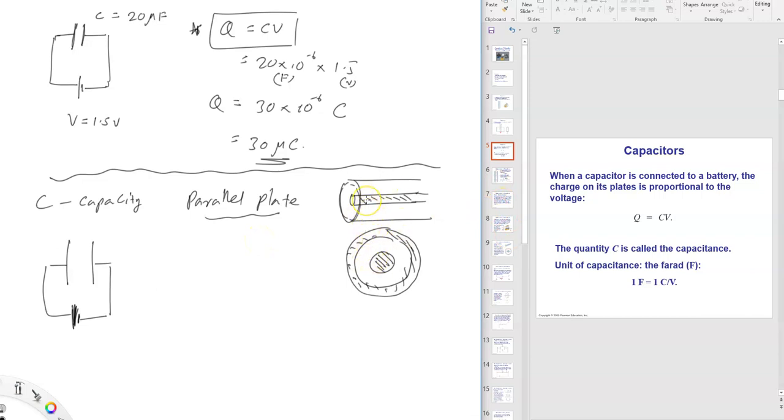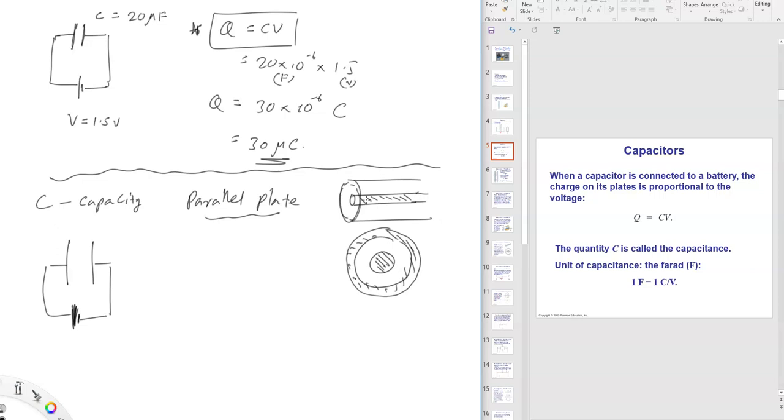Also any object that has some kind of electrical conductivity, so has some charge on it, acts like a capacitor. So if we know how to find the capacity of a particular shape, we can apply these theories.